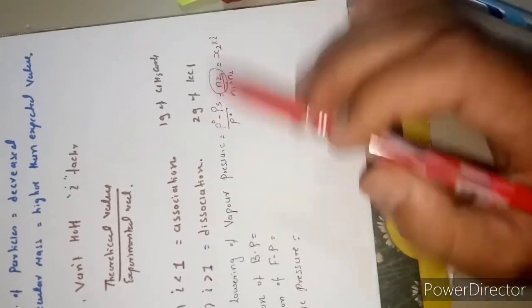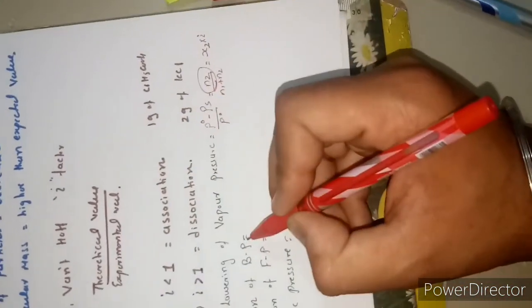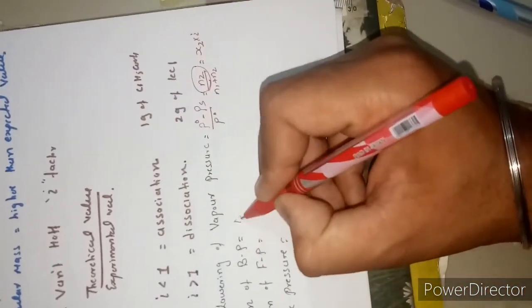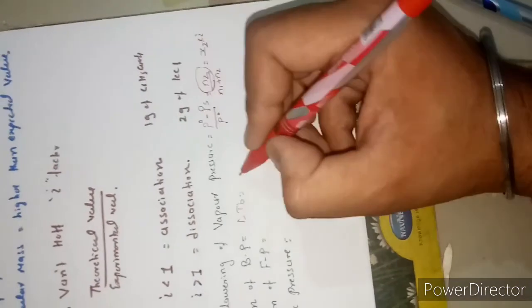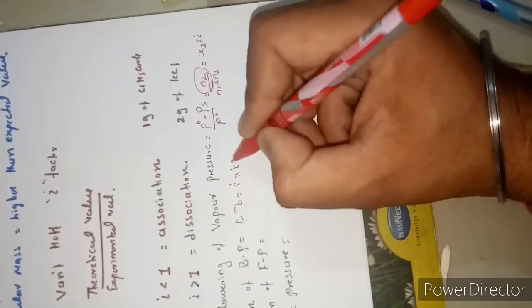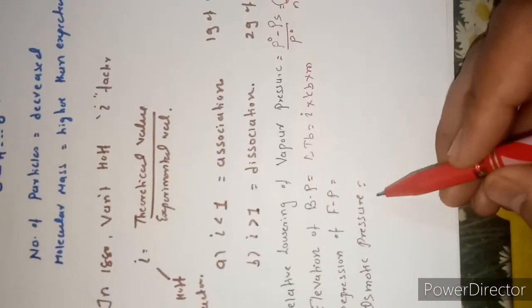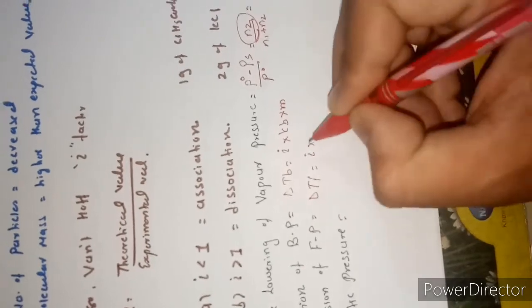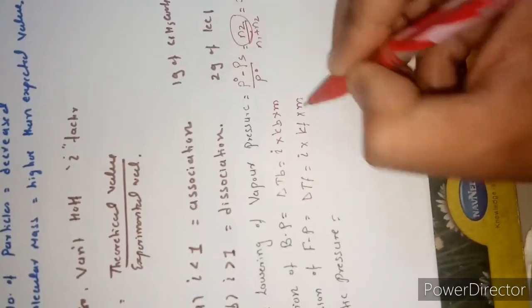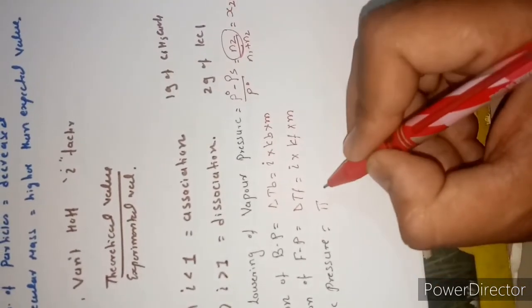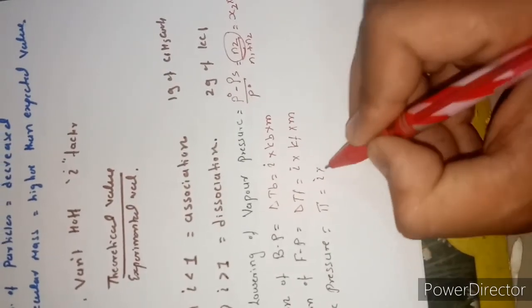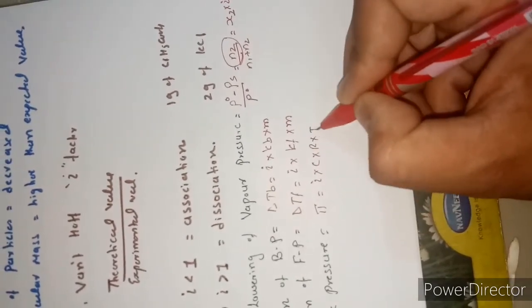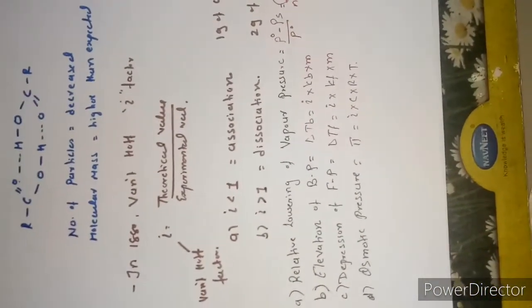This is how we can find the Van 't Hoff factor. Elevation of boiling point: delta Tb equals i multiplied by Kb into m. In depression of freezing point, we write delta Tf equals i multiplied with Kf into m, and osmotic pressure is mentioned as pi equals i multiplied by C into R into T.